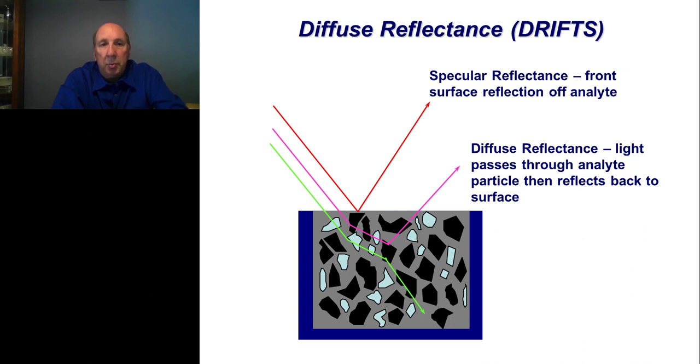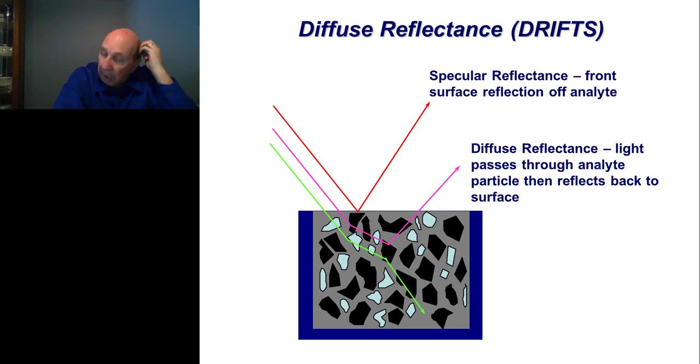The other two beams: some of them go through the sample, which is the little white particles. The KBr matrix is the black particles, and they're reflected or transmitted through the powder sample, the white, and then bounce off some of the potassium bromide and are collected by the mirror and brought to the detector. Some of the light beams travel all the way down to the bottom of the cup and never come back out again. So there's a lot of light loss here.